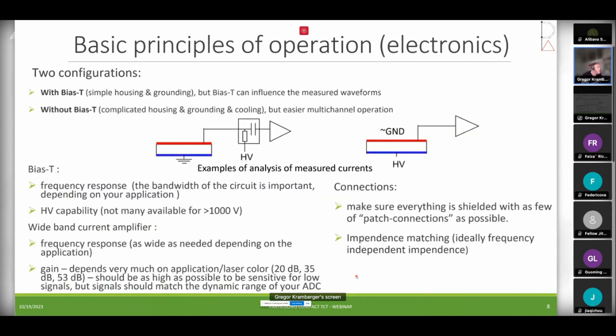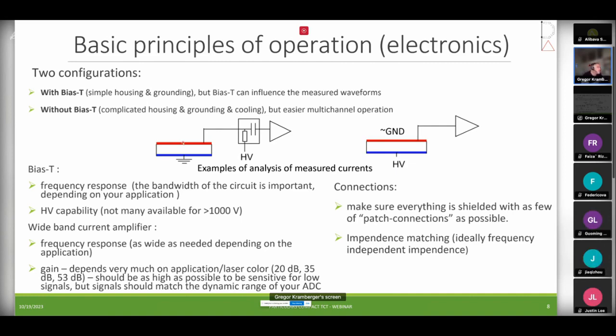So how do we connect this electrically? There are two configurations which both can be used in the compact TCT. The default one is with bias T, which means that you actually have everything at ground and you bias your sensor and read it out from the top. This has a lot of practical advantages.